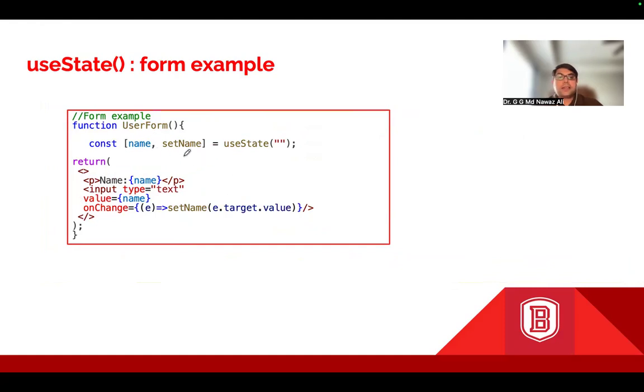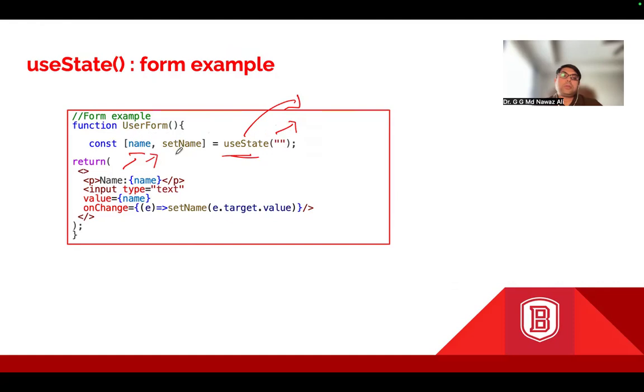Here the name field is a variable using useState, which we need to import from React, as we'll see in the coding video. After importing, you can initialize it with whatever value you want. Here our user defined variable is name, and we assign it an empty string.